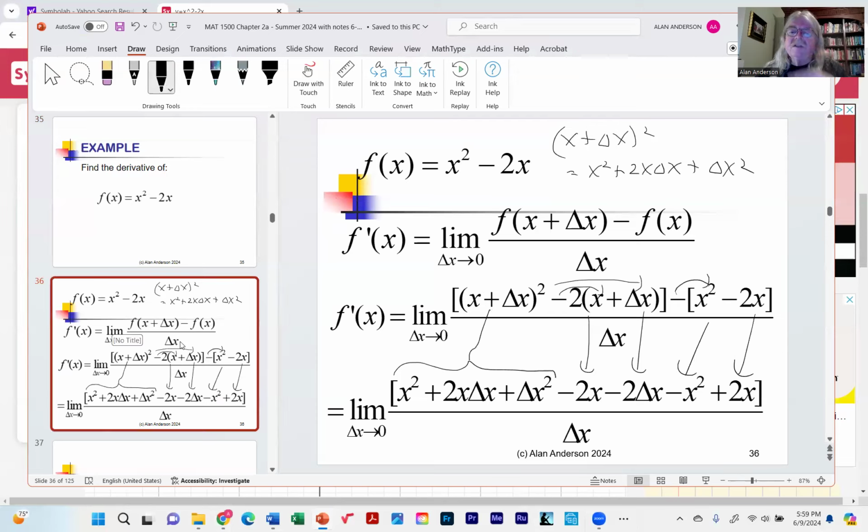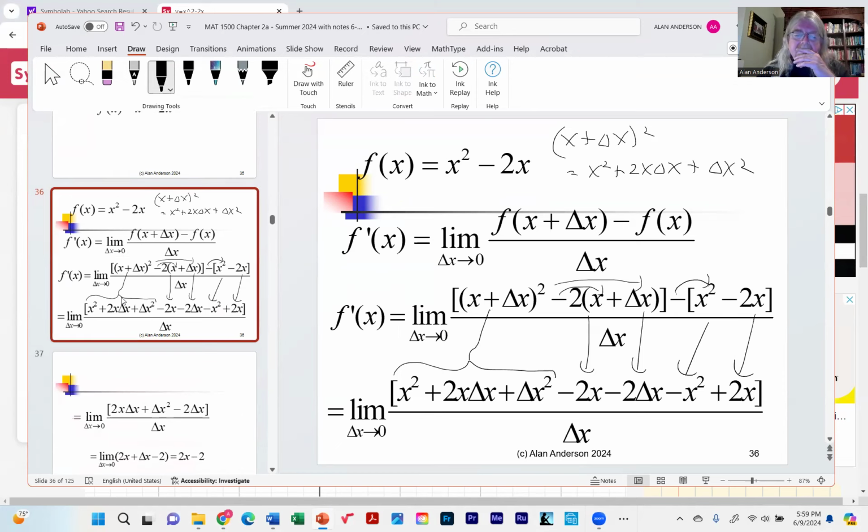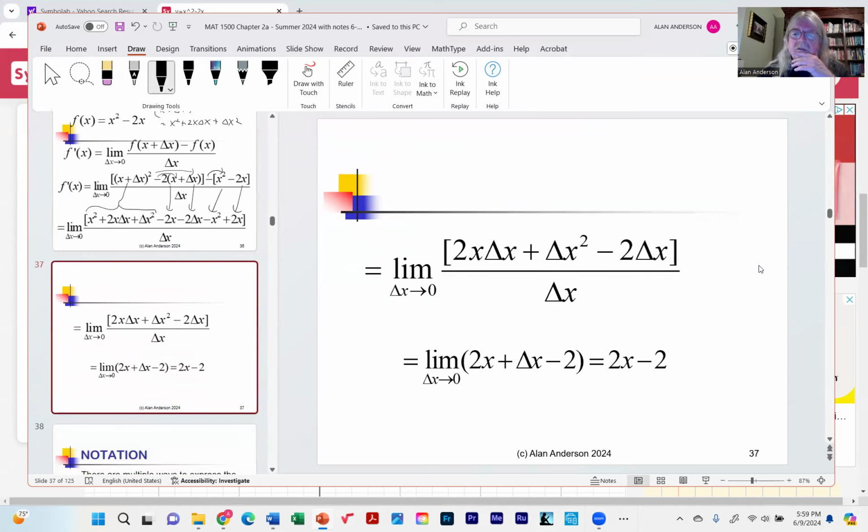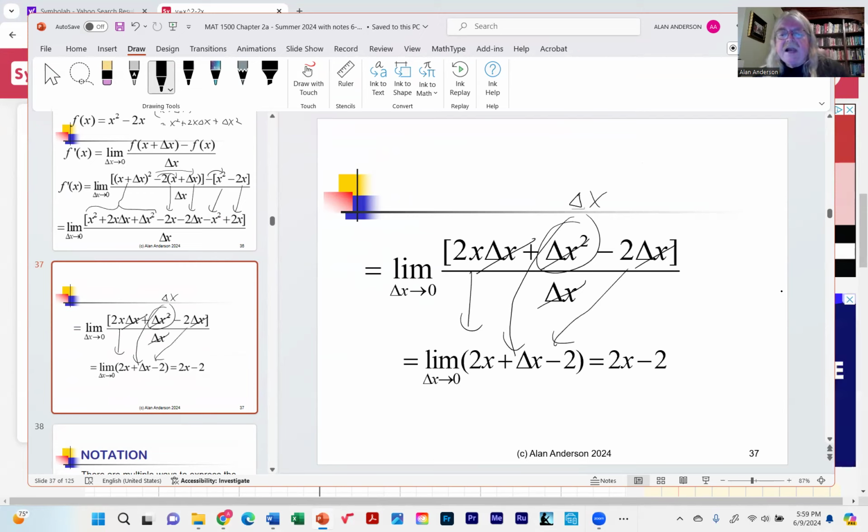And then we take the limit by substituting 0 for delta x. Okay. So here's the simpler version, and we do have the ability to simplify. This reduces to delta x. So we're left with 2x plus delta x minus 2. Now I substitute the 0 for delta x, and this is my final result.